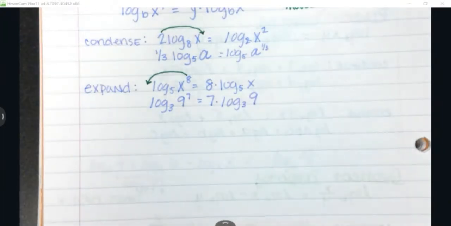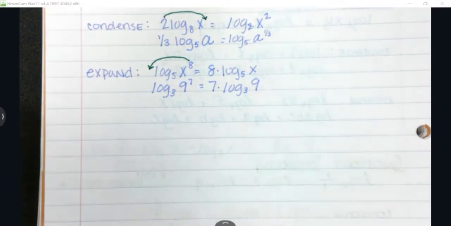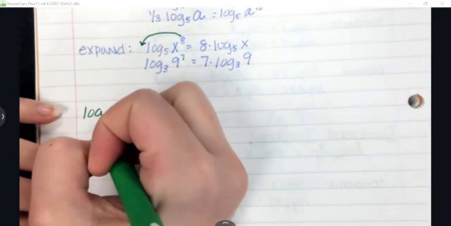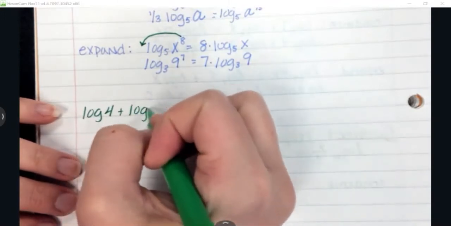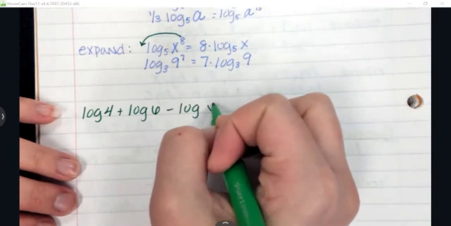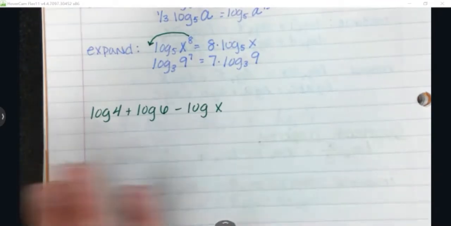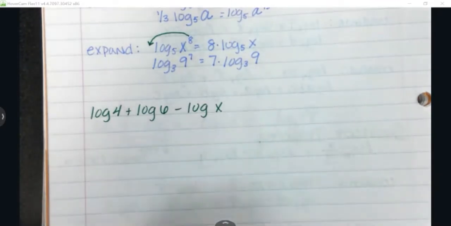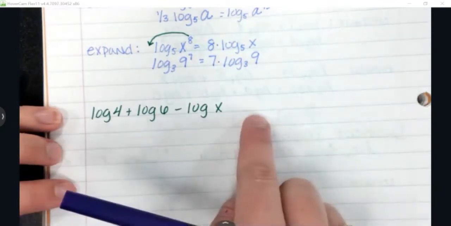All right, so let's just look and see what happens if I have more than one item. So let's try this one together. If I give you log 4 plus log 6 minus log x. Do you see how there are no parentheses? Okay, so if there's no parentheses, I'm just reading left to right.